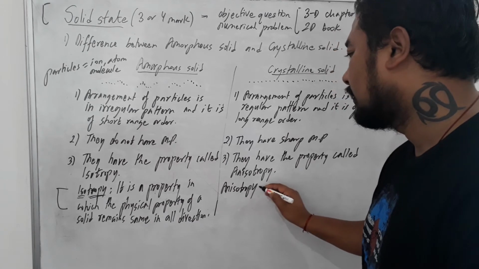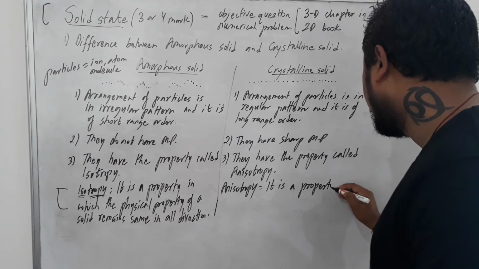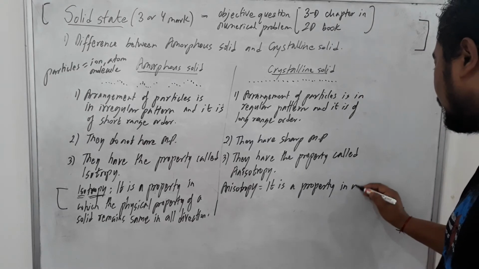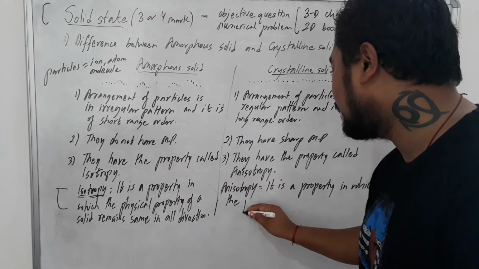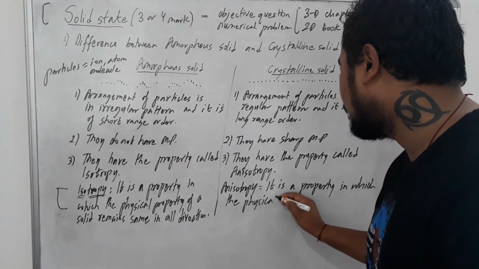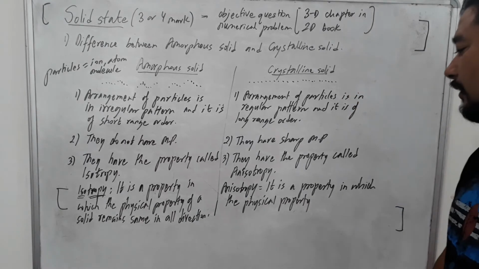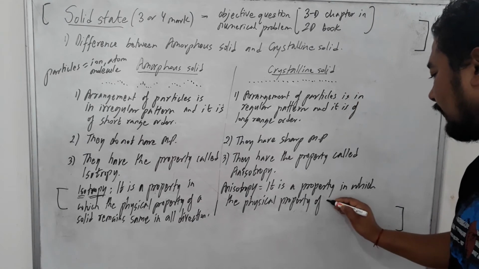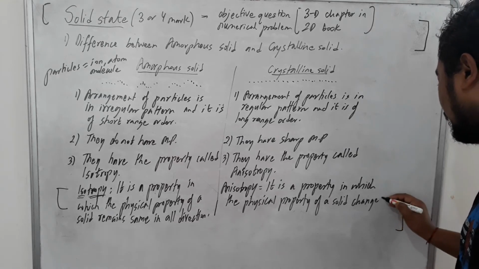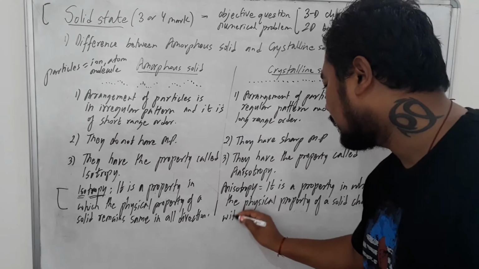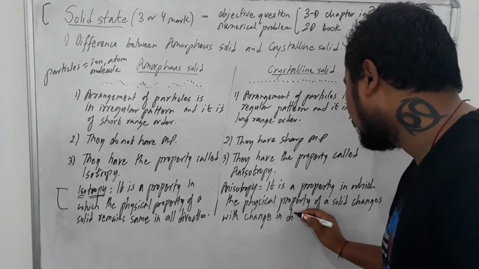Anisotropy is a property in which the physical property of a solid changes with change in direction.